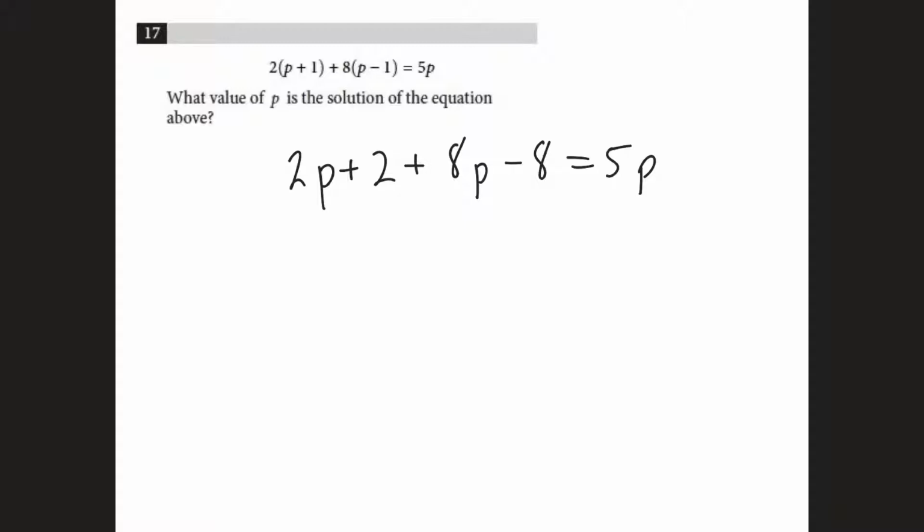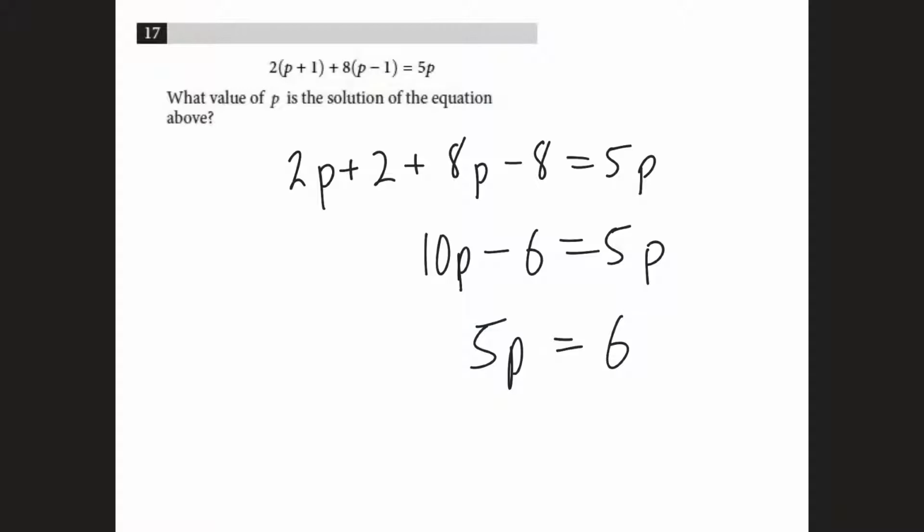Combine like terms, we've got 10p minus 6 equals 5p. I'm going to subtract 5p from both sides. I'm going to get 5p, and then I'm going to add 6 to both sides, and I will get 6. So then p equals 6/5.